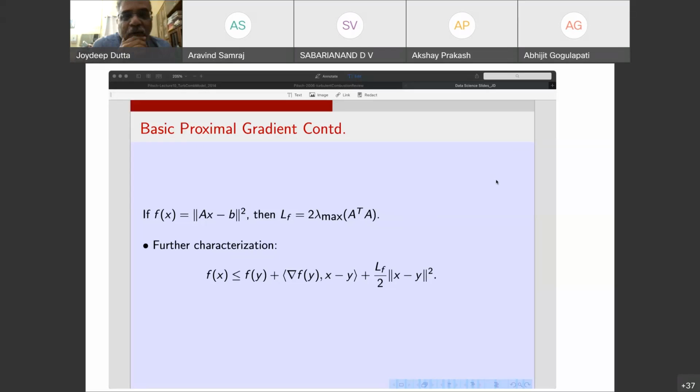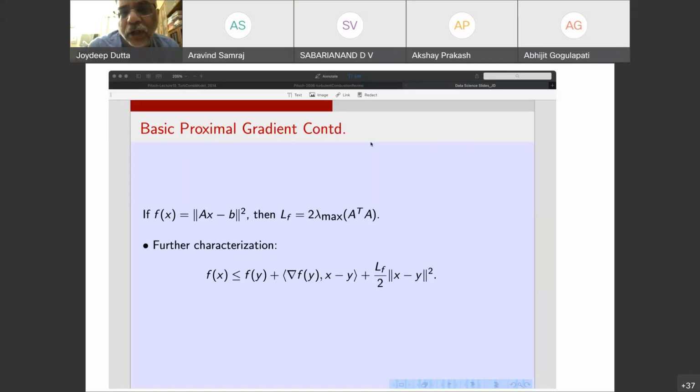So let's look at this. If you have a Lipschitz gradient condition, this condition automatically holds. It doesn't matter whether the function f is convex or not. It comes out of simple integration, the mean value theorem of integral calculus. But we will not do it.